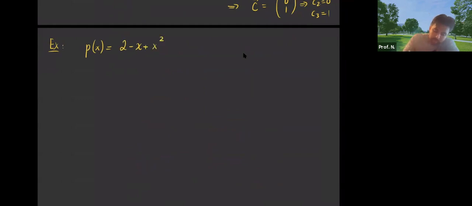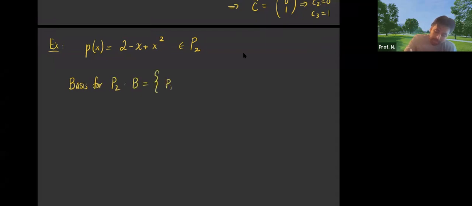And this is in P2, the space of polynomials with degree less than or equal to 2. And let's say I have a basis. My basis for P2 is defined to be this.